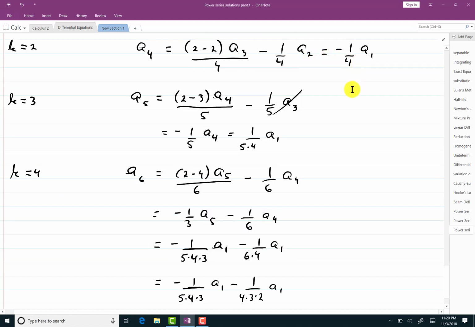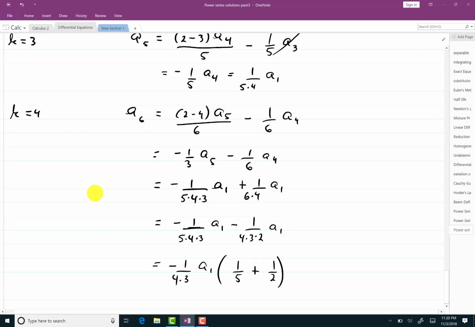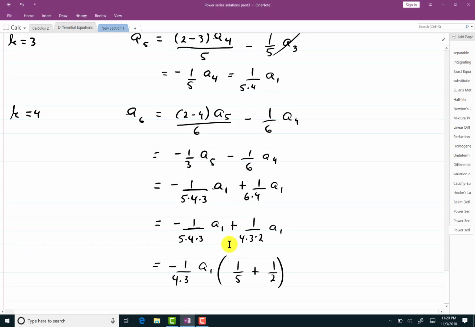A sub 4 is negative 1/4 a sub 1, plus, there it is again, plus. Then I'll change this to minus.